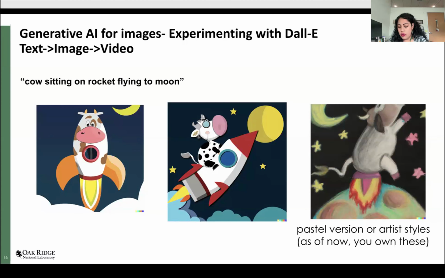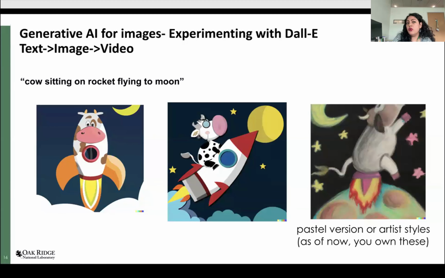But you can also add more data to this. Say that you want a pastel version of this particular image, and it produces a pastel version of the image of a cow going to the moon. Or any artistic style. Van Gogh is an artist which a lot of the AI techniques are trying to copy as well. As of now, you own these images.